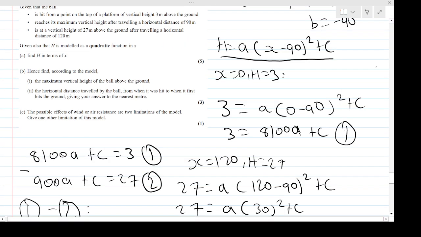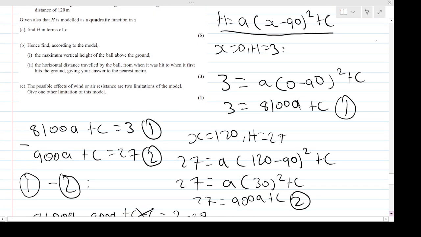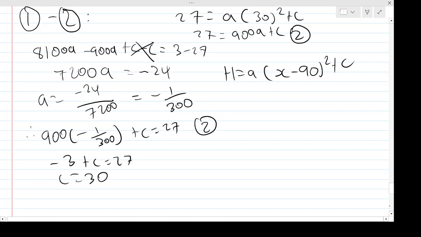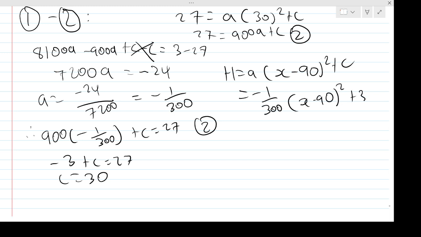But then I can fill in a and c that I just worked out. That's the same as minus 1 over 300, x minus 90, all squared, plus 30.